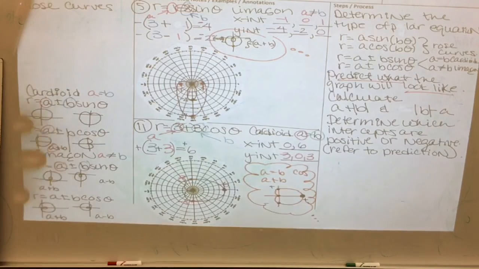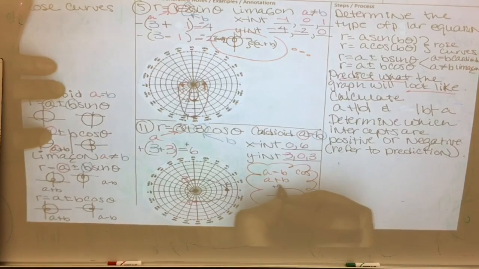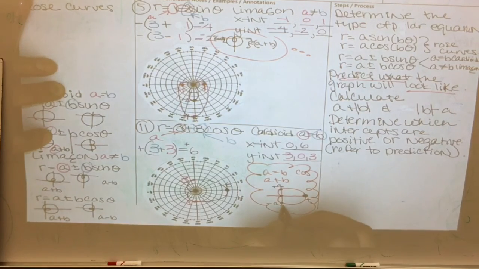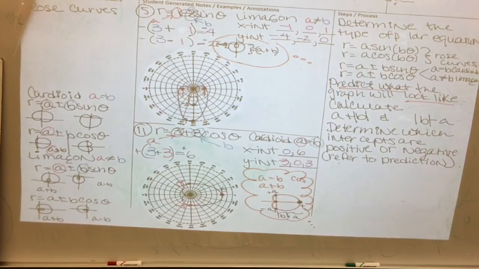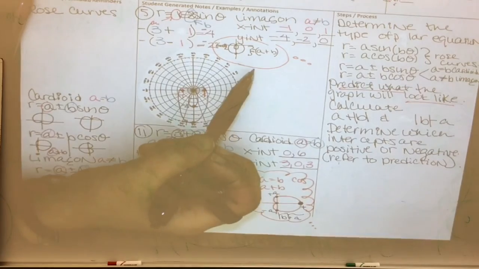I also remember that these shorter ones come from the A, and this longer one comes from the B plus A. And then I kind of wrote that one here.